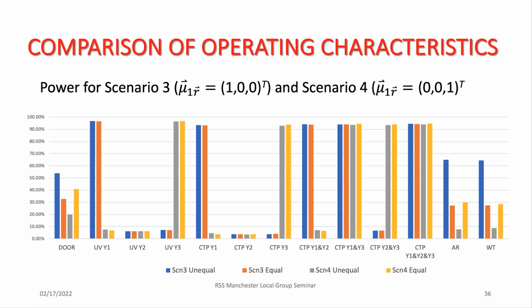Overall, however, if the least important variable is impacted, then equal preference has more power than unequal, because unequal weights the least important variable less.